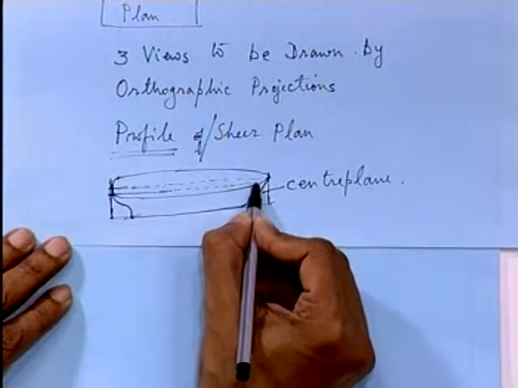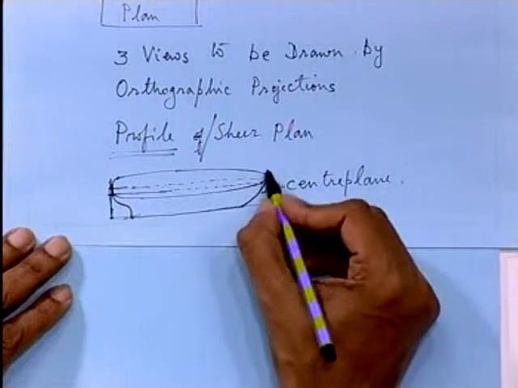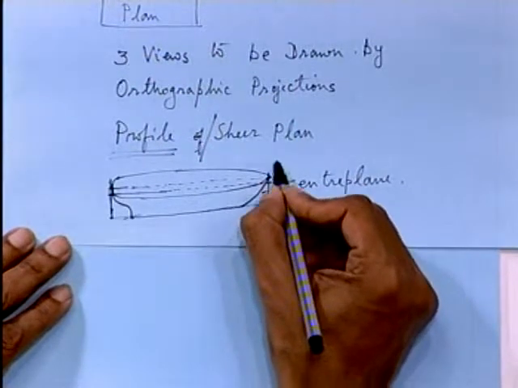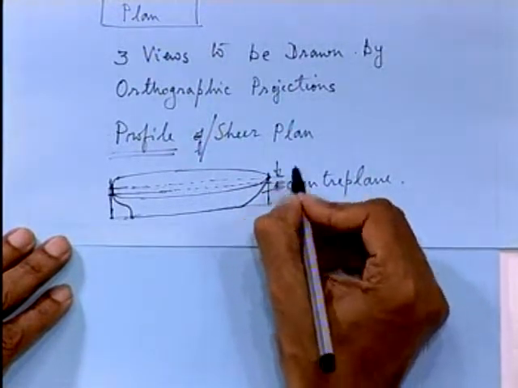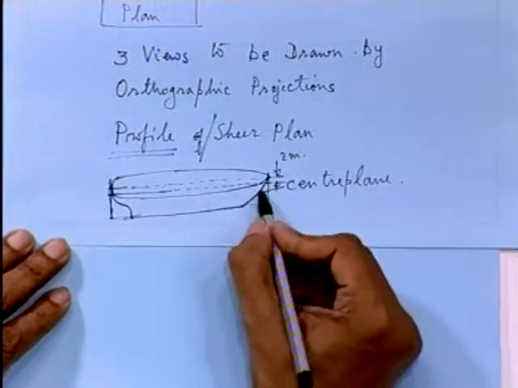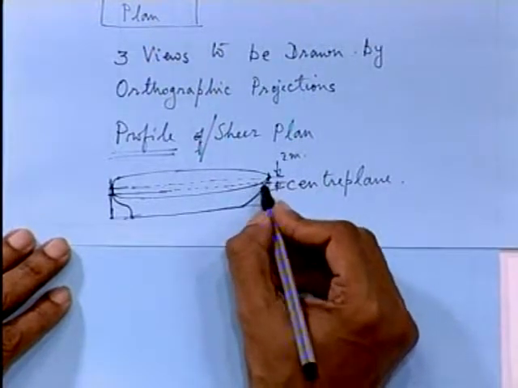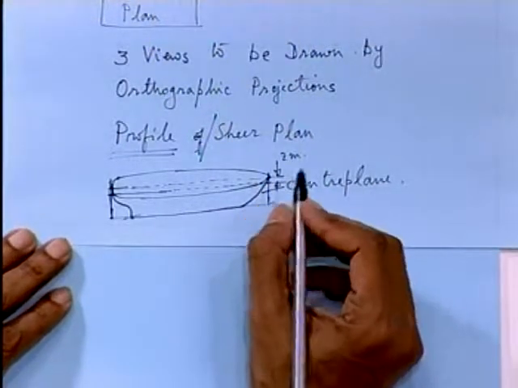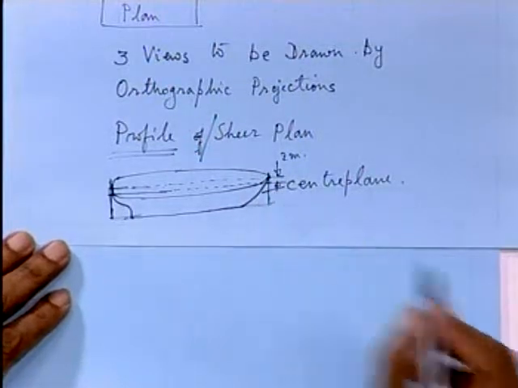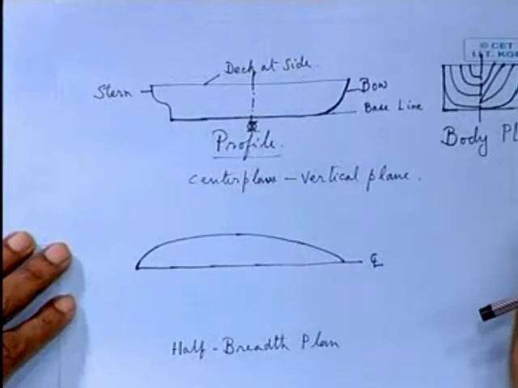Sorry, this plane again is going to cut the ship at a certain distance, say around 2 meters from the center plane. Then what will be the shape of the intersection? Of course, the intersection will not follow the same shape as your profile or shear plan, isn't it?